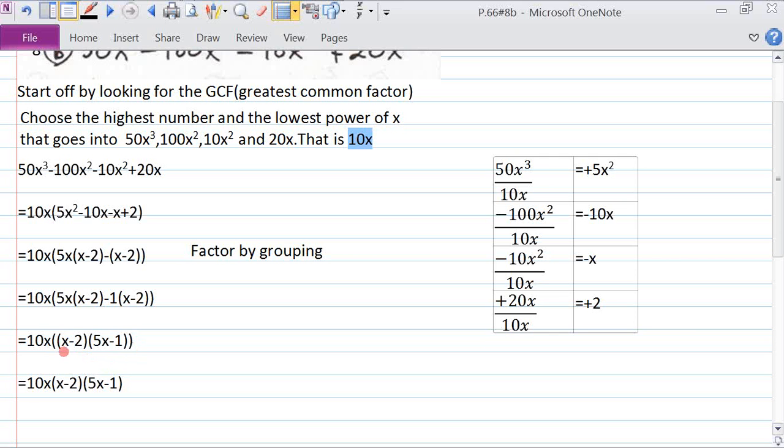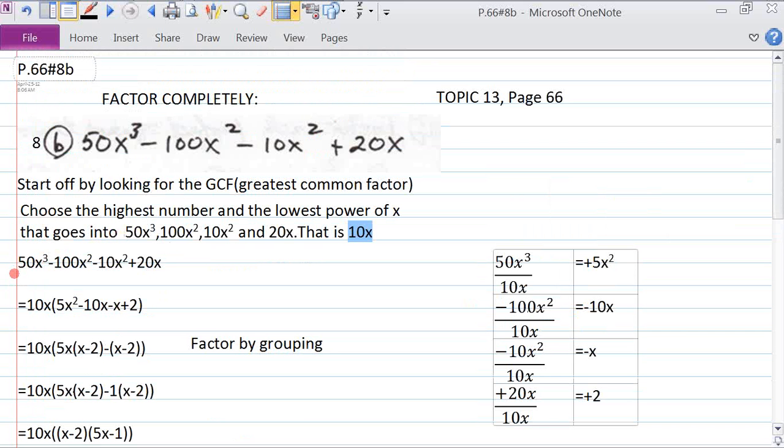So I get this. I got the 10x, x minus 2, 5x minus 1. Now I'm just going to go into a little different procedure for how you would go from this to this. So what I've done is I've established that the greatest common factor is 10x.